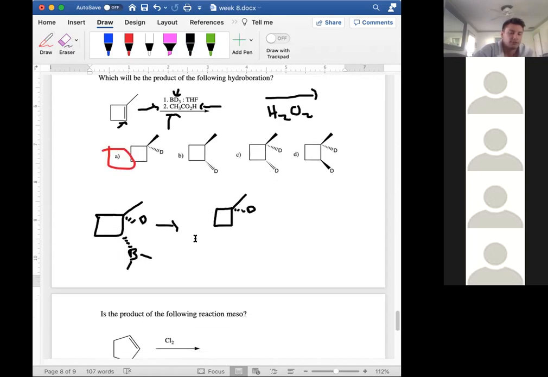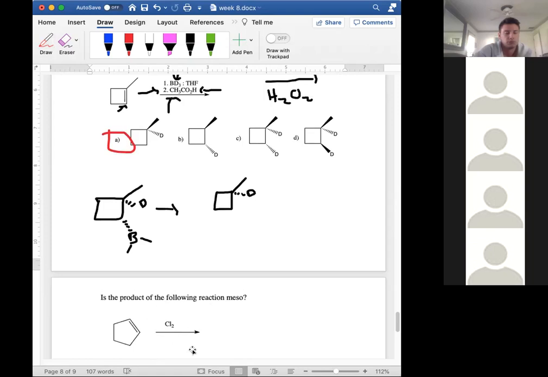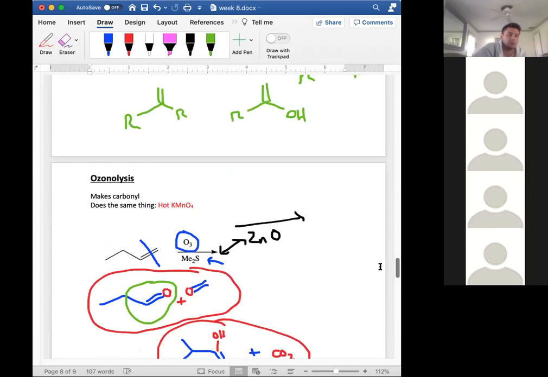All right, so Cl2. Does anybody remember, does halogenation add syn or anti? So let's go check.